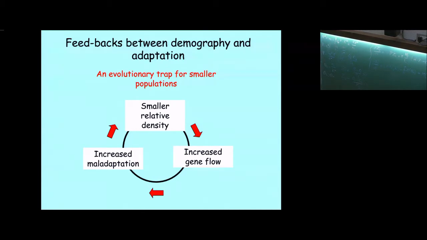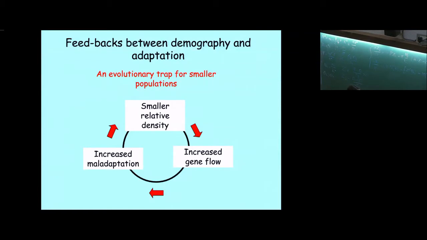And I just draw here the rescaling of all parameters so that we have them in mind. And I redraw the system of differential equations that are going to describe the dynamics of the mean phenotype, here measured by maladaptation as the distance to the optimal phenotype, and scaled density.